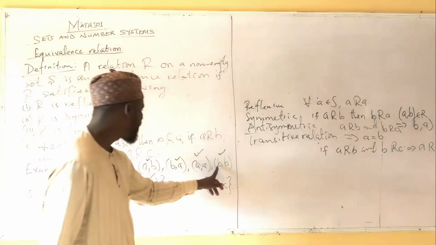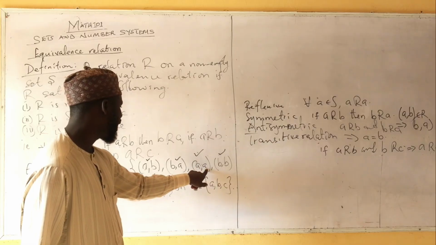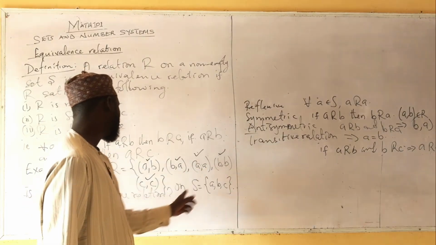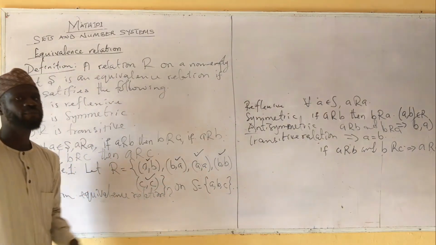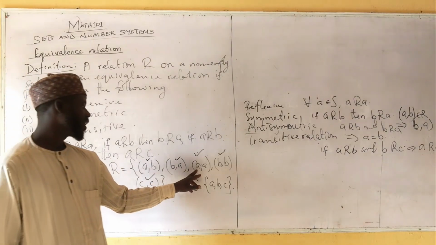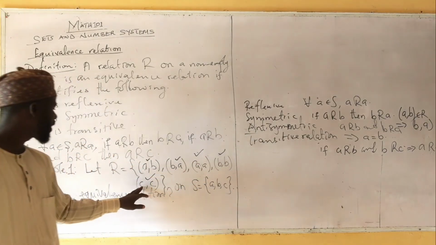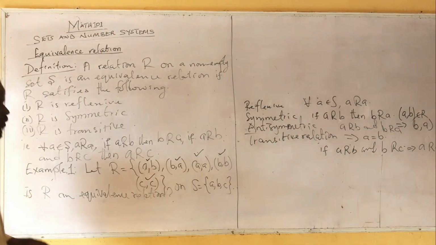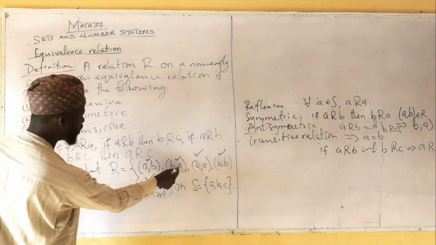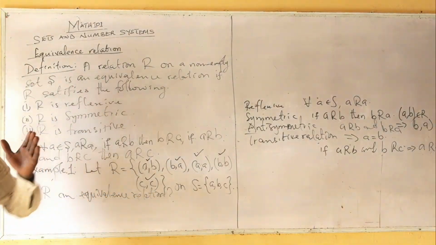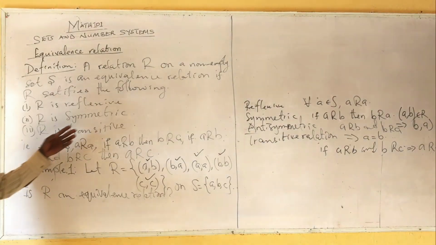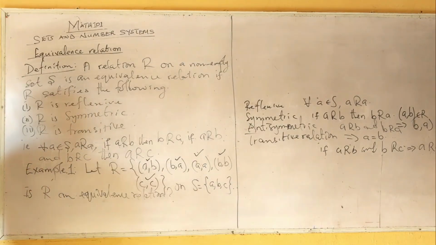Do we have any other one? So AA is the same AA, BB is the same BB, CC is the same CC. So this one is also symmetric, this is also symmetric, this is also symmetric. And this is also symmetric. This one is also symmetric because of this. And so we have seen the symmetric property.